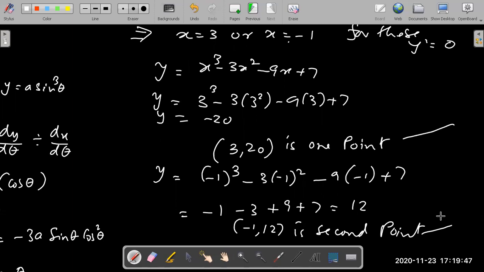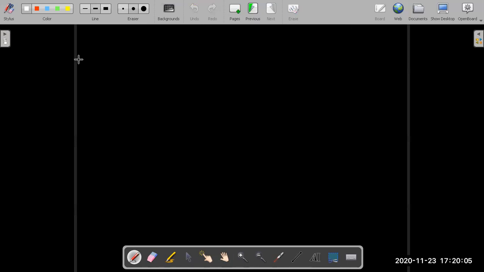Okay. Eighth question. Find a point on the curve at which the tangent is parallel to the chord joining the points. This is a slightly twisted question, but I'm doing it on the next page. So question number 8. I write the question because it's a little lengthy one.